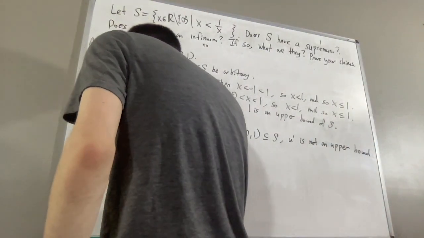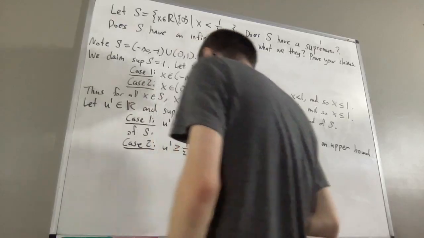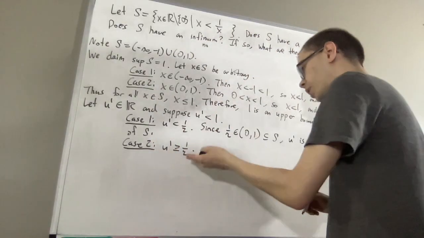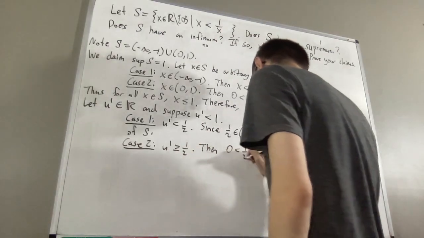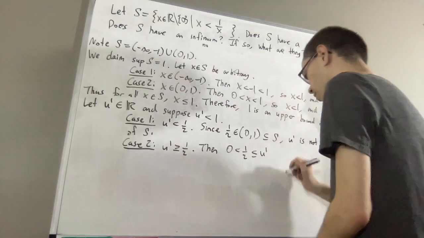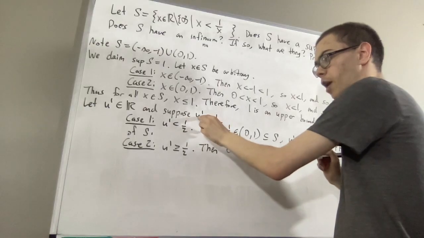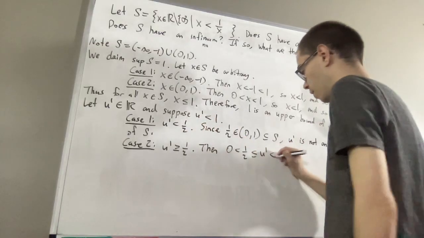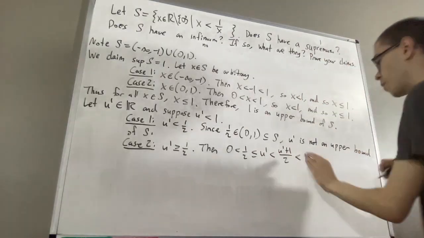For our second case, u prime is greater than or equal to 1/2. Well then, what we can do here is 0 is less than 1/2, and 1/2 is less than or equal to u prime. But here's the thing, u prime is less than 1. So the average of u prime and 1, u prime plus 1 over 2, is strictly between u prime and 1.